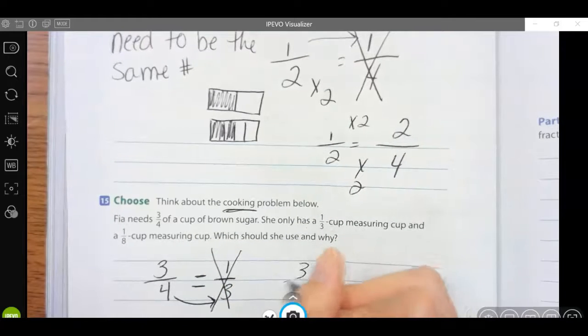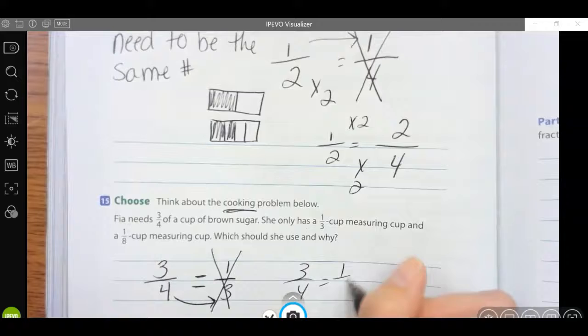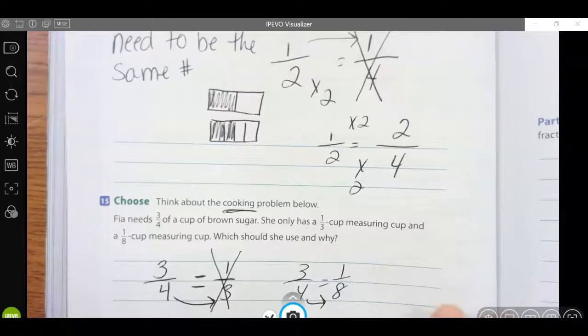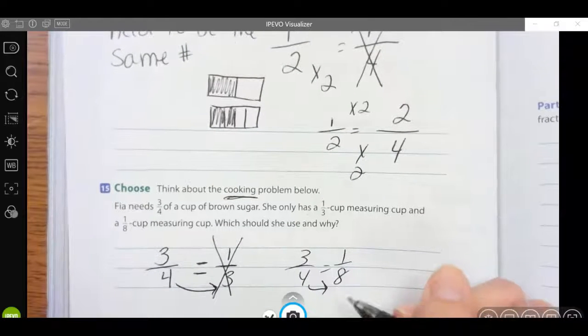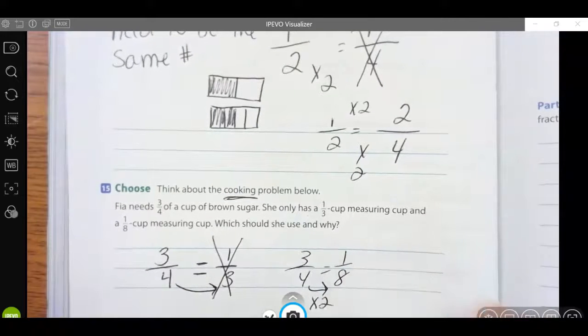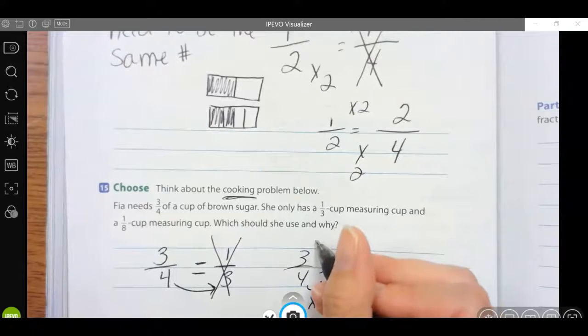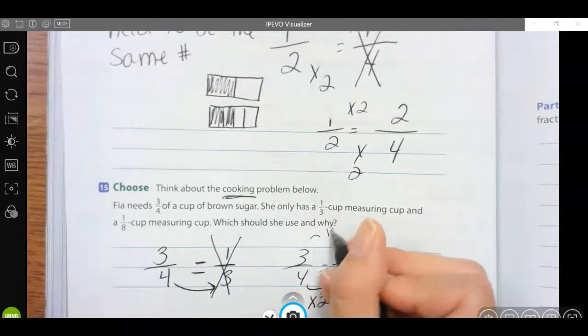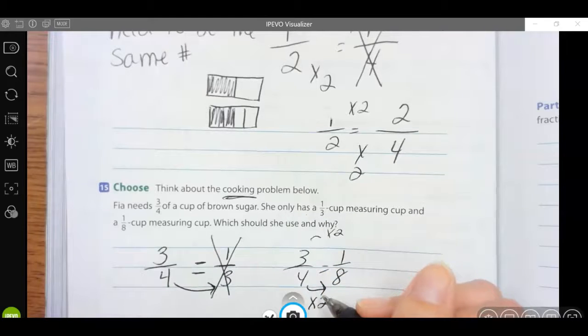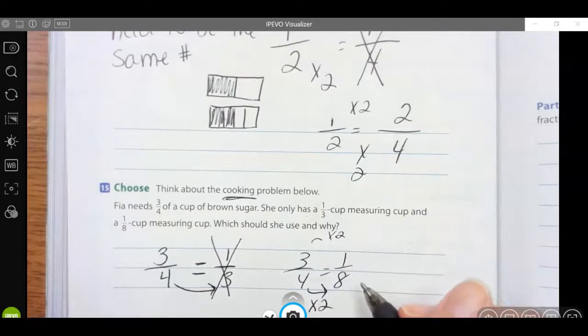But can I go from 3/4 to 1/8? Can I go from 4 to 8 by multiplying or dividing? Yeah, absolutely. You multiply by 2. Okay. And then you could multiply this by 2. So you could use the 1/8 cup.